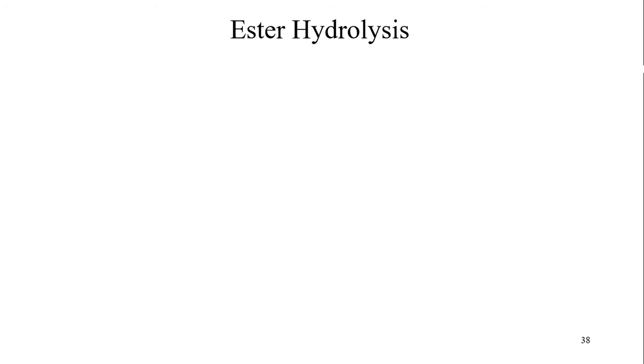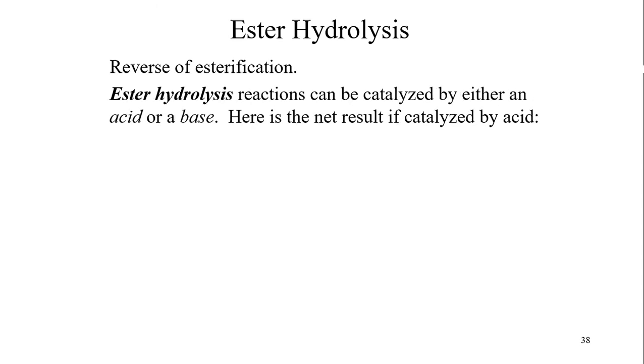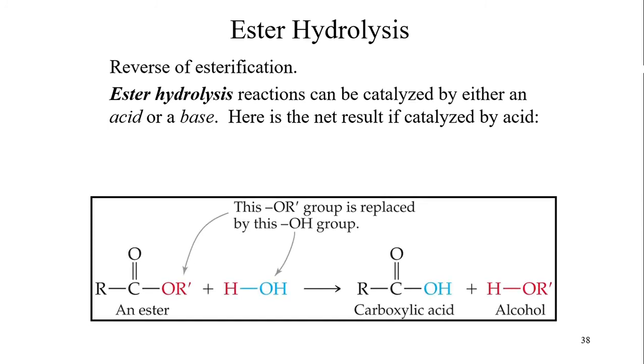Now, as you saw in the previous reaction, esterification is a reversible reaction. The reverse of esterification is called ester hydrolysis, and this can be catalyzed either by acid or by a base. If we have a reaction catalyzed by an acid, as you can see here, the ester on the left is going to be hydrolyzed. In other words, it's going to react with water. Once more, this is the reverse of the previous one.